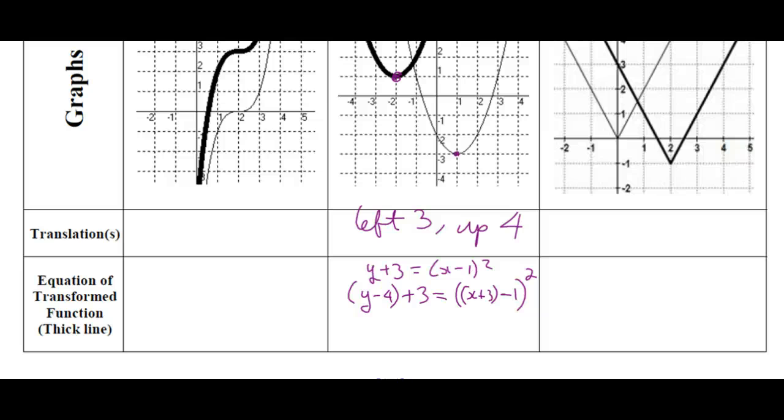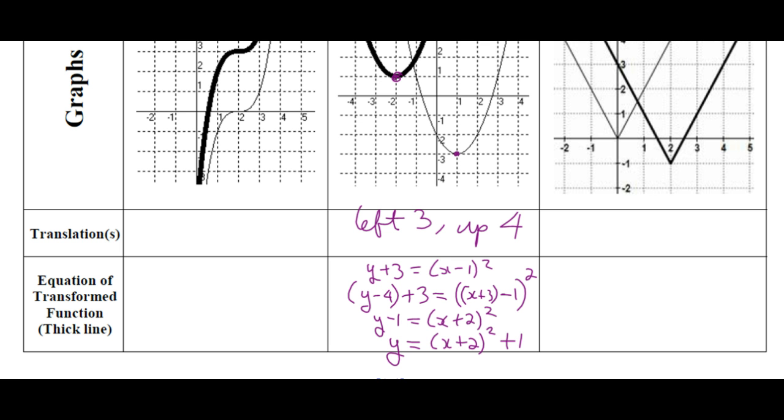What about the 1 and the squared and all? It doesn't matter. You see an x, replace it with x plus 3. You see a y, replace it with y minus 4. Now clean it up. So this becomes y minus 1 equals (x plus 2) squared, or y equals (x plus 2) squared plus 1.